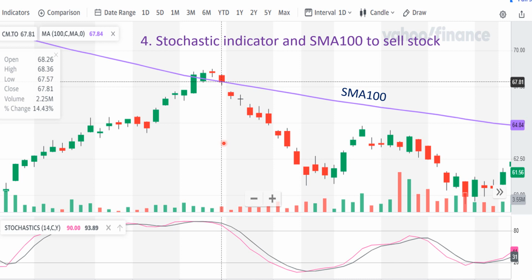These strategies, when used in combination, provide a comprehensive approach to buy and sell stock and are known to be some of the most profitable and effective strategies for maximized return in stock trading.